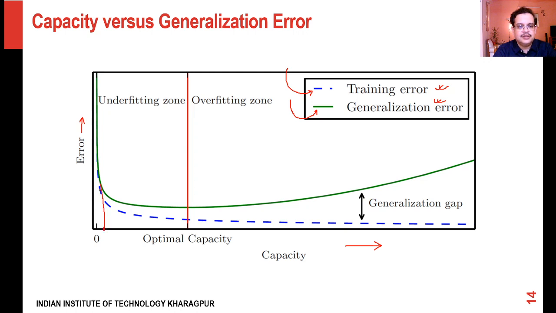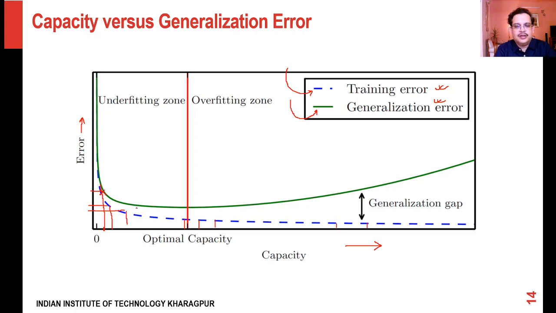Then as I increased my capacity, my training error started falling, and at some point the training error seems to reach a valley, and thereafter there is not any significant dip, though over a period of time the training error actually dips further.